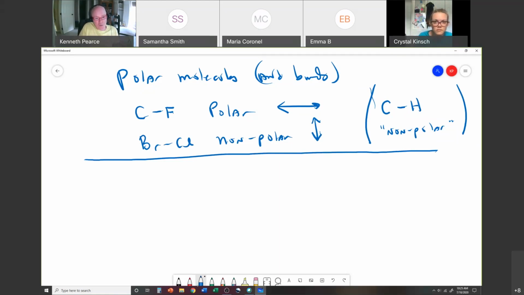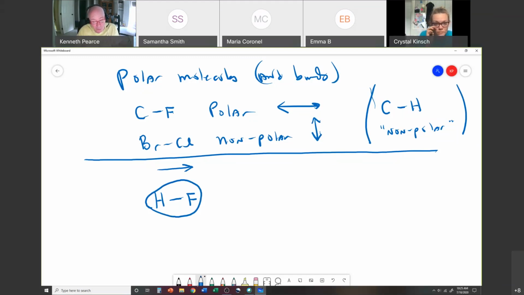So let's take the simplest possible molecule, HF. What that means is fluorine is a lot more electronegative than hydrogen, so the electrons are going to tend to be drawn towards the fluorine. And if the electrons are drawn more towards the fluorine, the end with the electrons, because what's the charge on an electron?